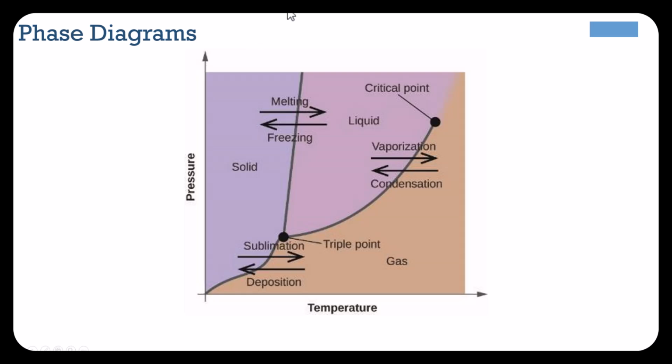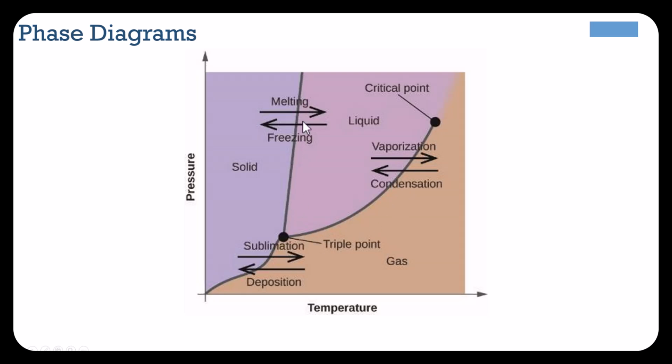On every single phase diagram, there will always be a solid, a liquid, and a gas section. And for the most part, it reads like this from left to right: solid, liquid, gas.